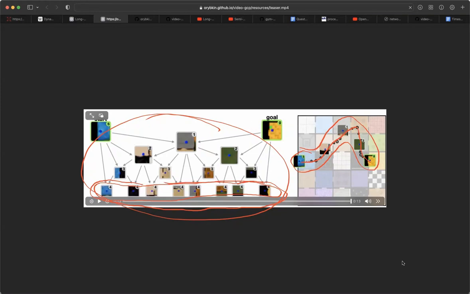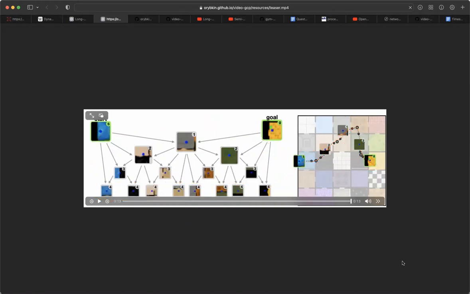Basically, the training signal comes from reconstruction of an image patch from a latent state representation. So one more time, as an input, we have 2 images. These images are being encoded into latent vectors. Then we have a machinery that produces a tree of latent states.